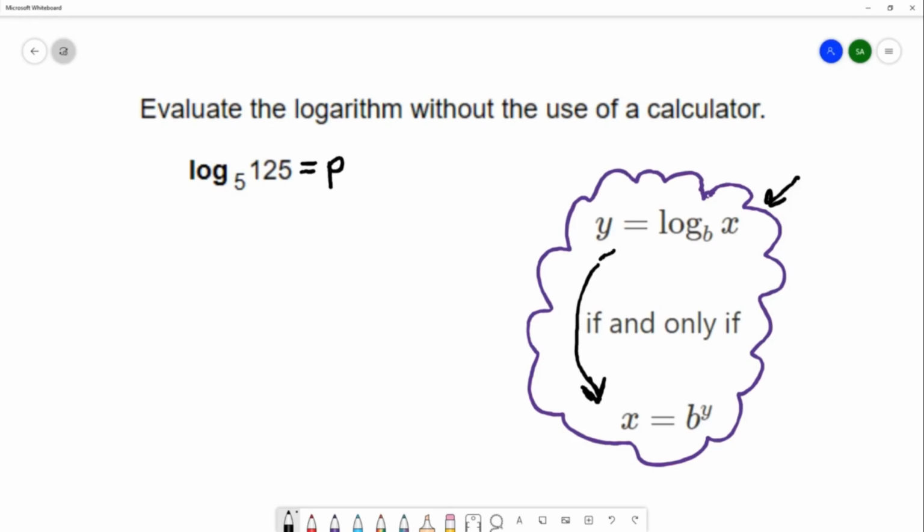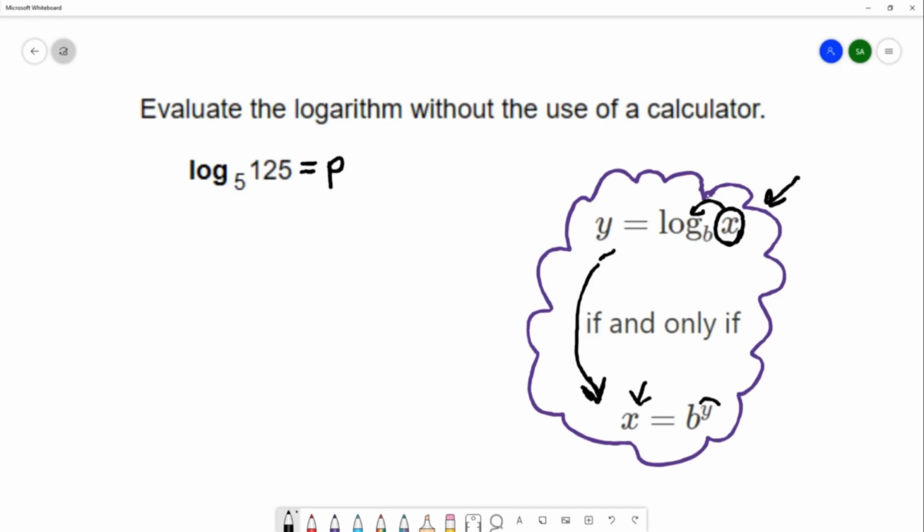What you'll notice is that with inverses, the x's and y's get switched. So I'm substituting x into the log, but for an exponential, it's in the position that y is usually in. So the x and y positions get switched.